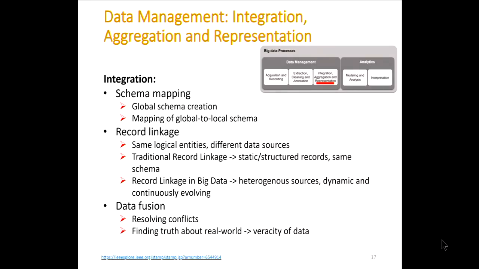With big data, things got more challenging, so new techniques have arisen in terms of record linkage and data fusion. Record linkage is an active research area, because there are some approaches, but the research community is still working on issues such as duplication, integrity of the data, and confidence of the link.